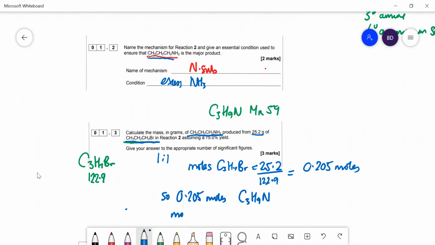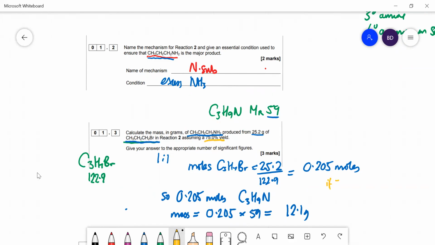So the mass of the amine for 100% yield is equal to moles multiplied by the Mr of the amine, 59, which is equal to 12.1 grams. But the question says, assuming a 75% yield.